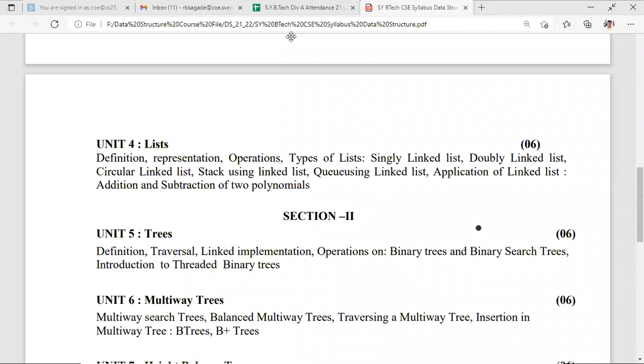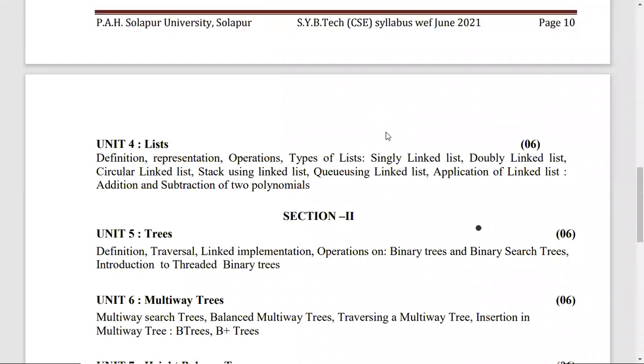So what do you mean by polynomial? Have you heard x square plus 2x plus 10 is equal to 0? This kind of expression is called, in mathematics, a quadratic expression.